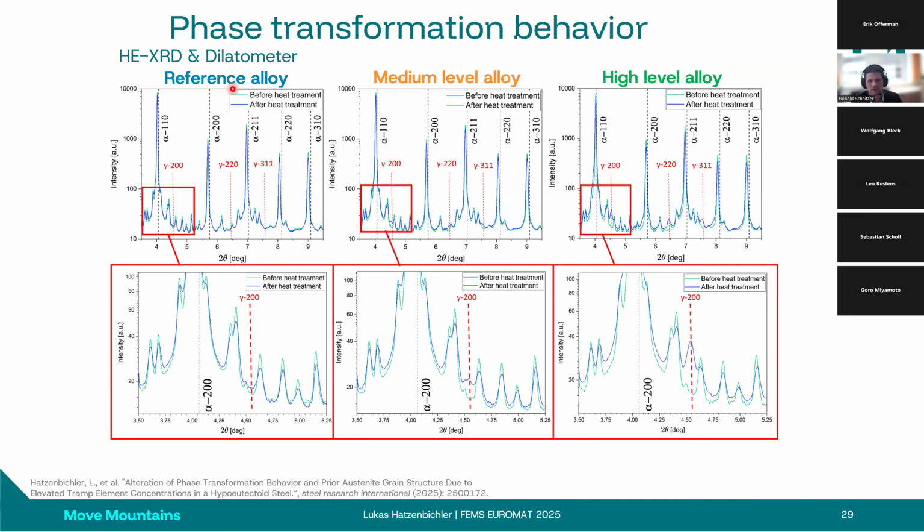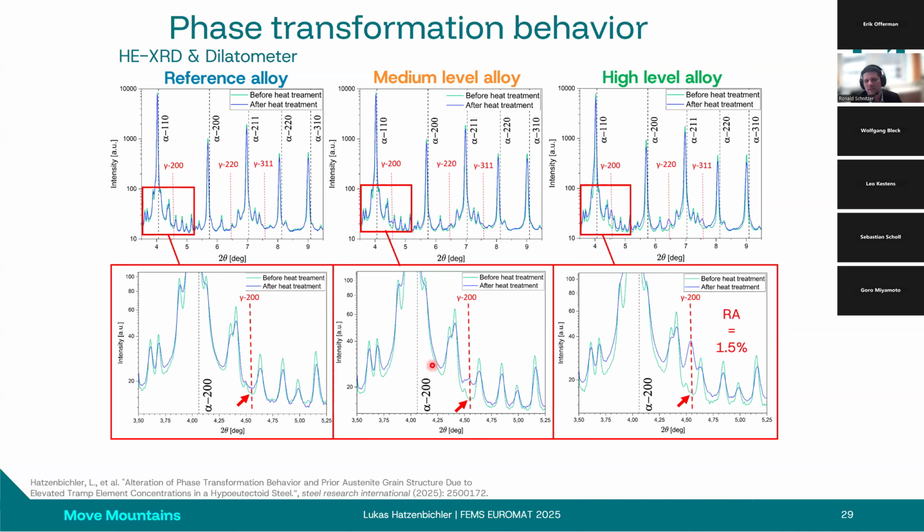When you compare the reference alloy to the tramp element content alloy and evaluate that with Rietveld refinement or whatever you are using, you get to a share of 1.5% retained austenite, which can, of course, have an influence on your mechanical properties.